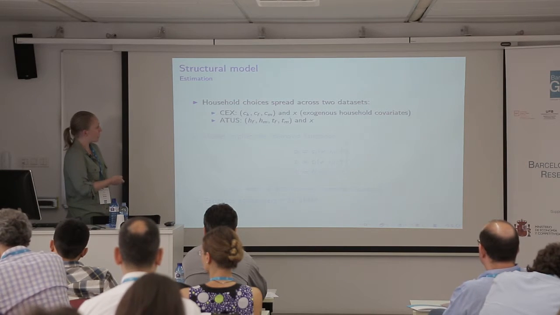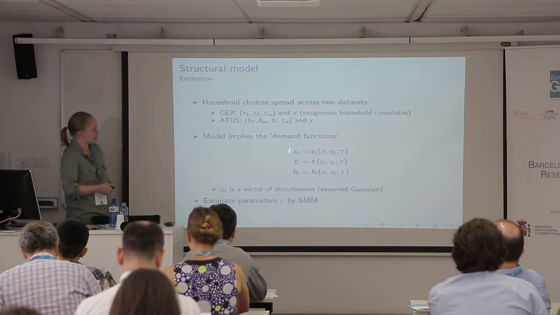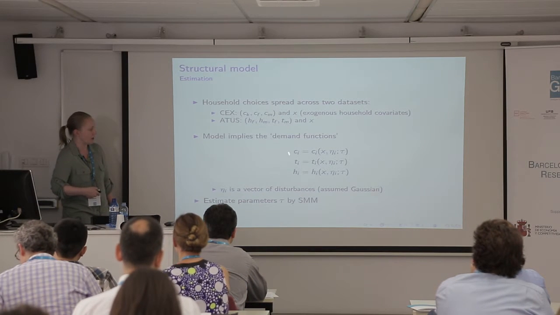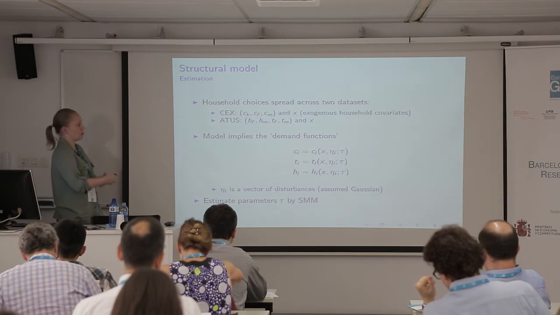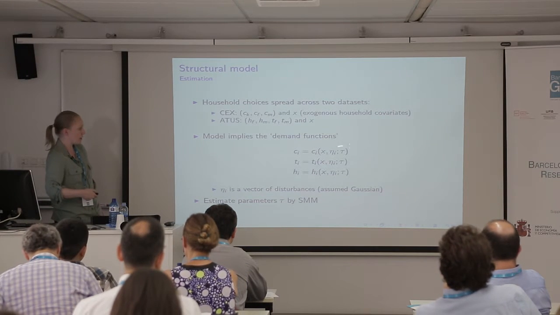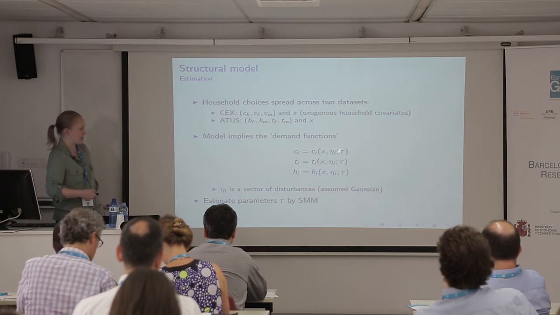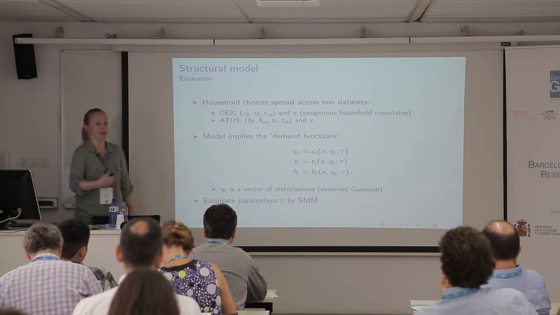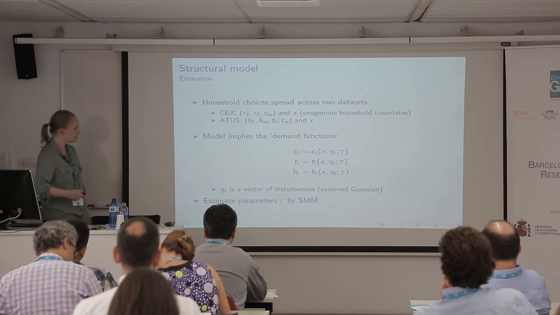Okay, so basically, if you look at the demand equations from this model, you can see that the variables that appear in the different data sets all appear here on the left-hand side, which allows me to estimate this model using a method of moments. Tau here is my parameter vector, and I simulate these eta to estimate these demand functions because there's no closed form solution for the demand function, so that has to be computed numerically.